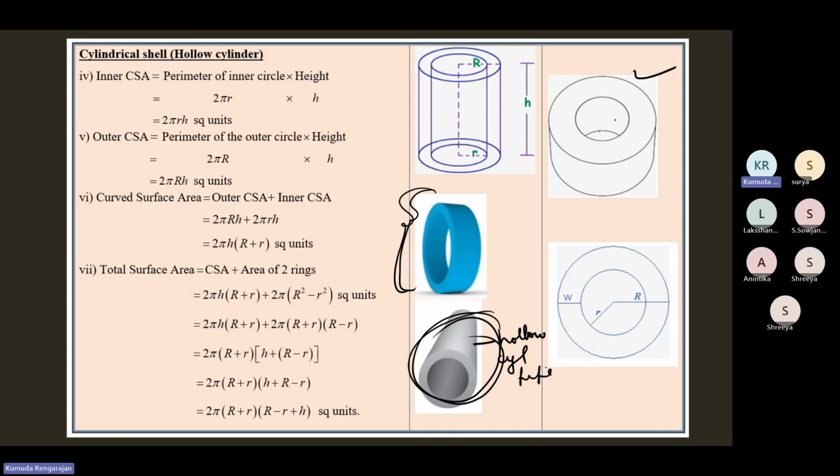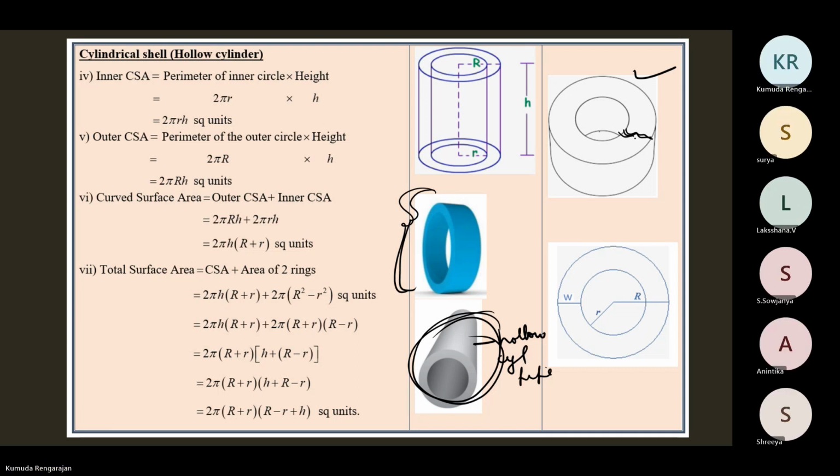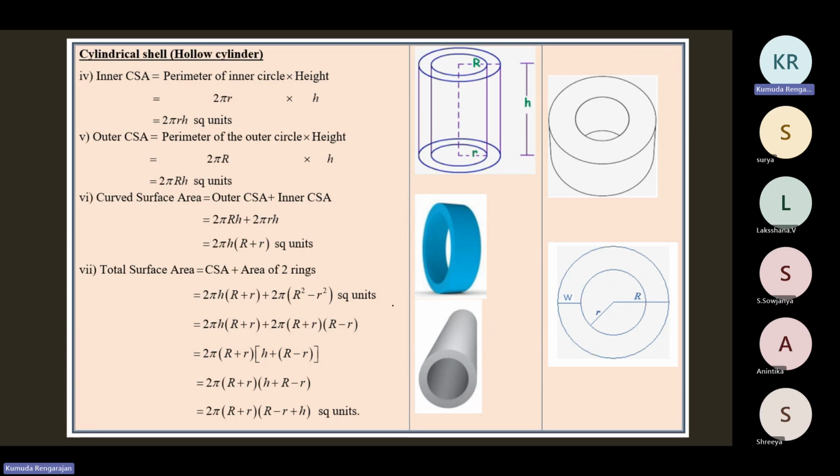And when we say a pipe, the wall can be thick or thin. See here, this one has a thick wall. So these objects represent a hollow cylindrical pipe where the wall is thick. This is the wall of the cylinder.